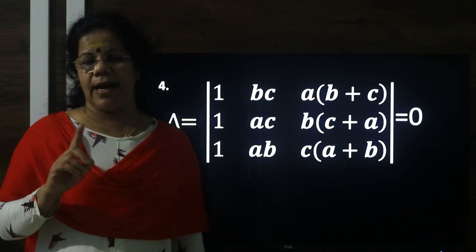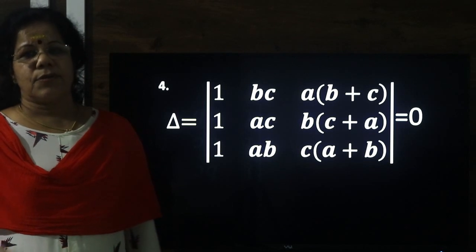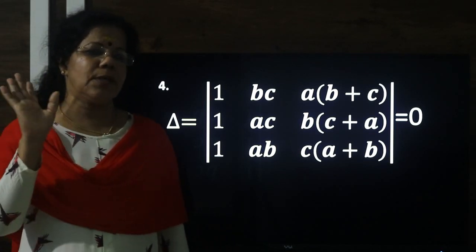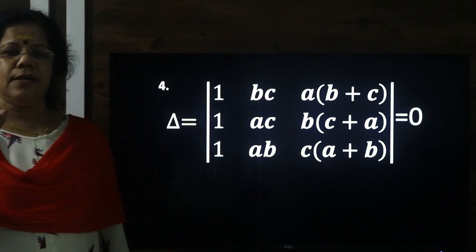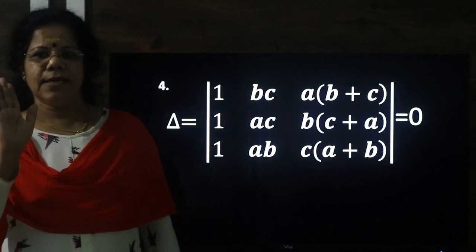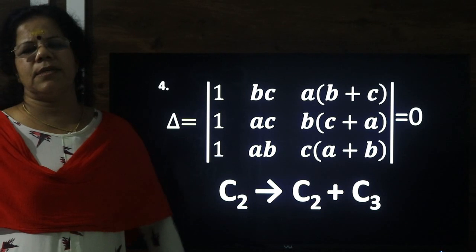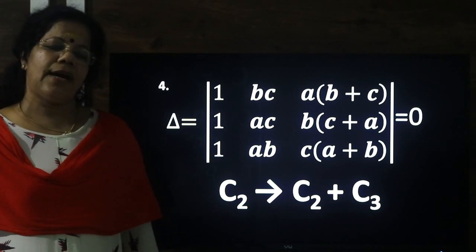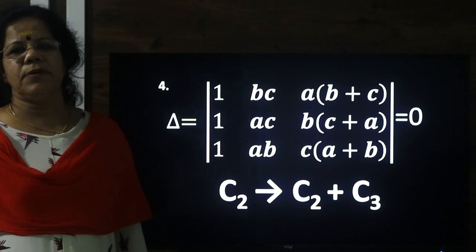So C1 is identical with C2, so the determinant value is 0. We concentrate on how to approach a problem, instead of giving importance to the final answer. Just observe BC, AB, AC and add them. Taking AB plus BC plus AC outside, C1 is identical with C2, 1, 1, 1, 1, 1, 1. So the determinant value is 0.